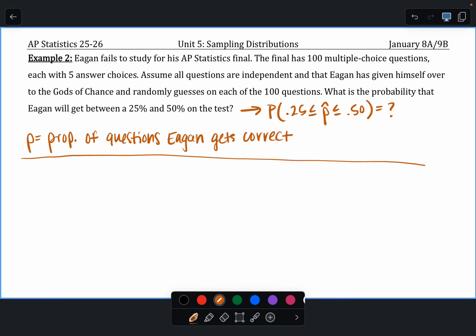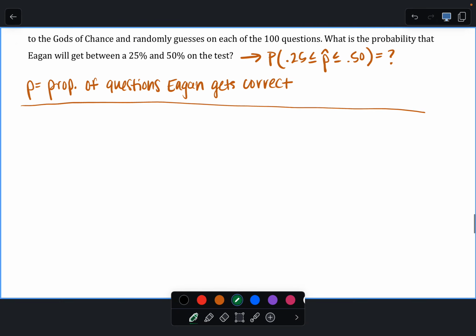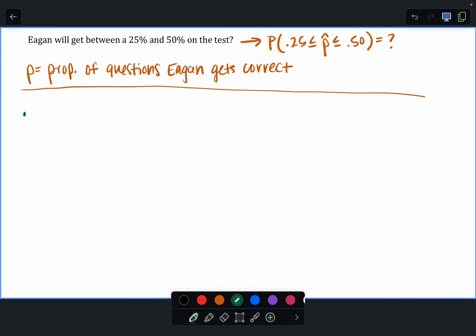I'm done with that part. And then I like to go in and check my conditions. I still, of course, always label everything first. I'm going to do random. I'm going to do normal. And I'm going to do independent.